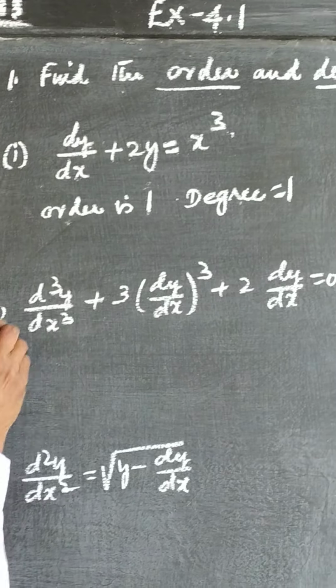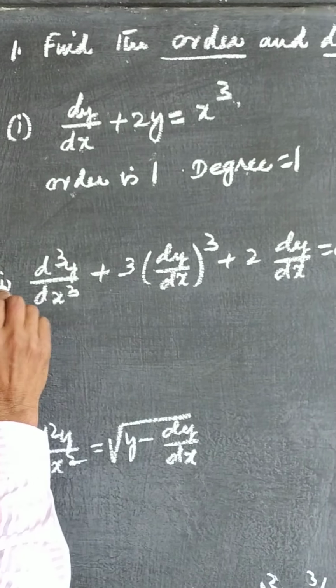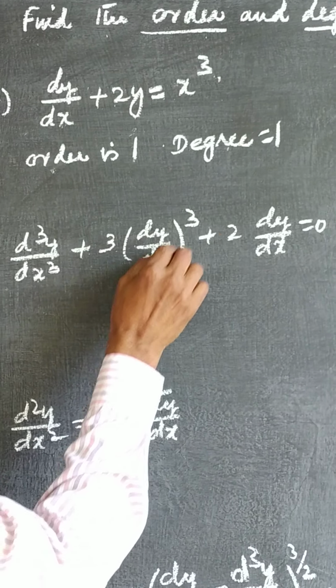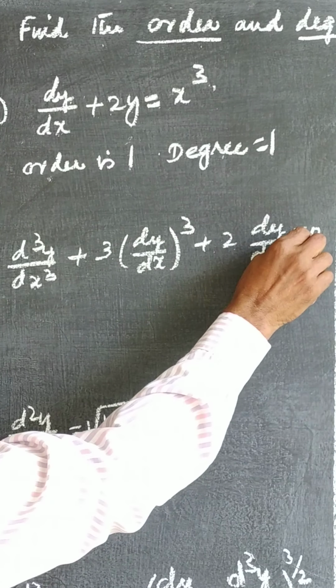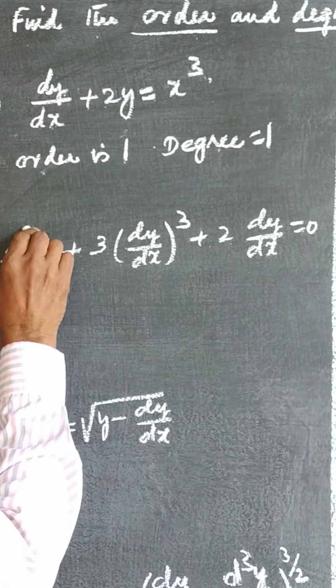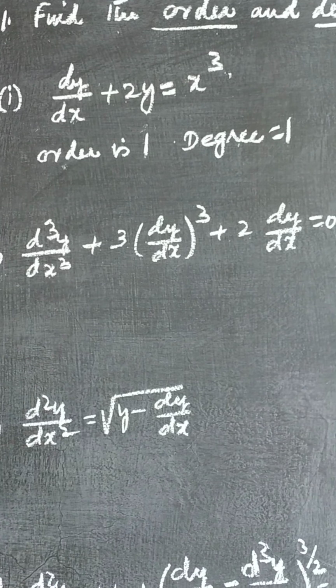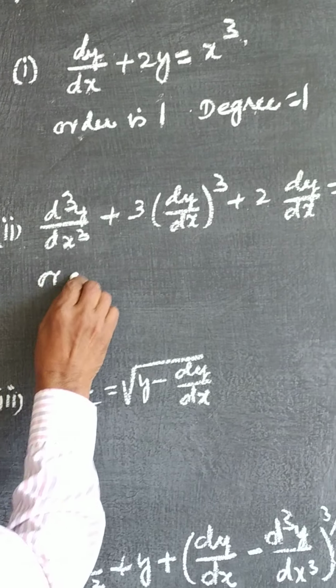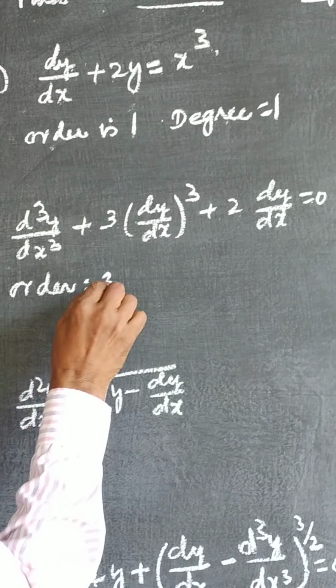Here in the second problem, we have d cube y by dx cube plus 3 (dy by dx) whole cube plus 2 into dy by dx is equal to 0. What is the highest order here? As I told you in the introduction, the highest order is 3.